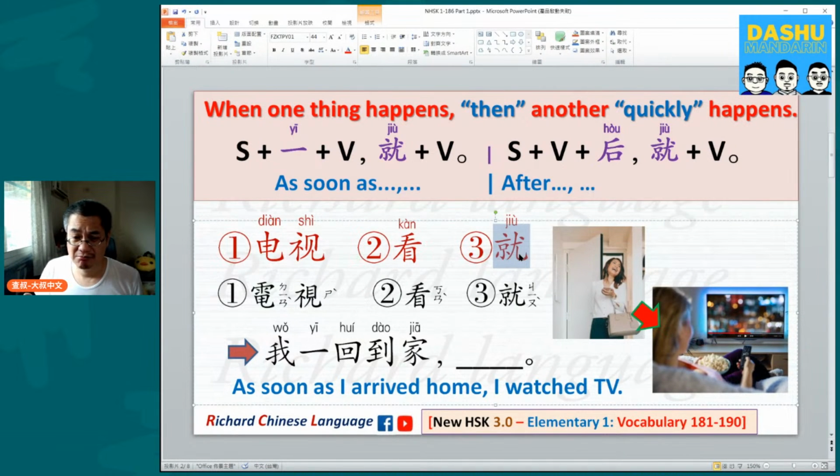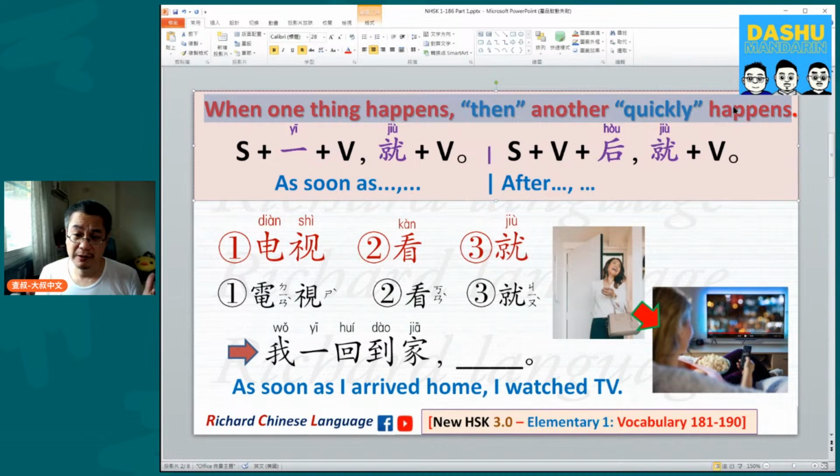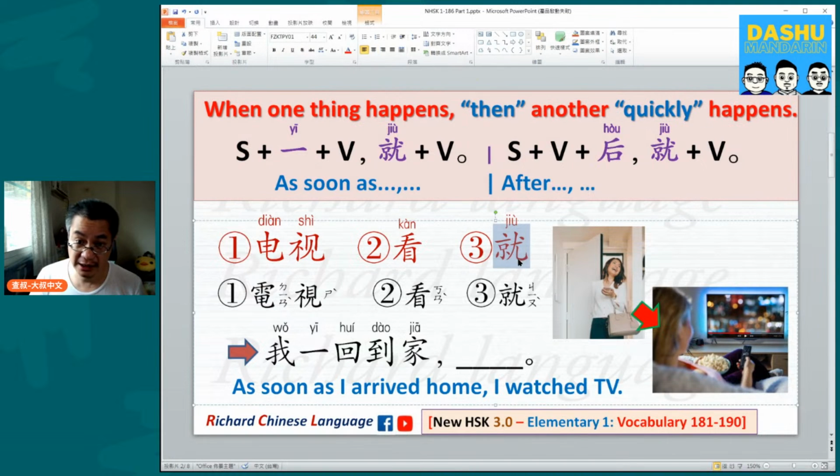In English, we don't have a word for 就, so you have to feel how to use it in Chinese. And this is the first rule: when one thing happens and then another happens. You need to feel it, because we don't have a specific word for 就 in English.